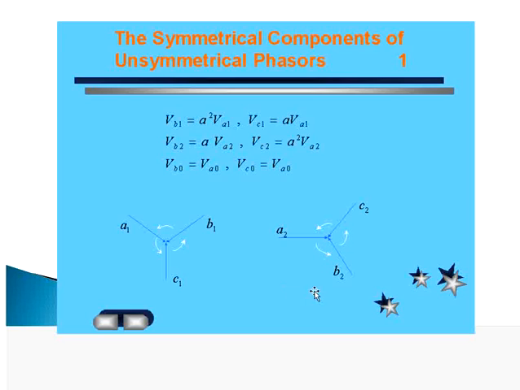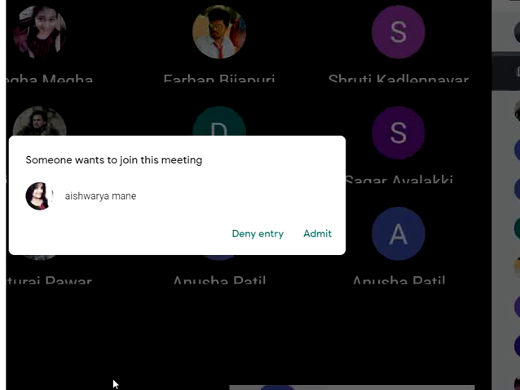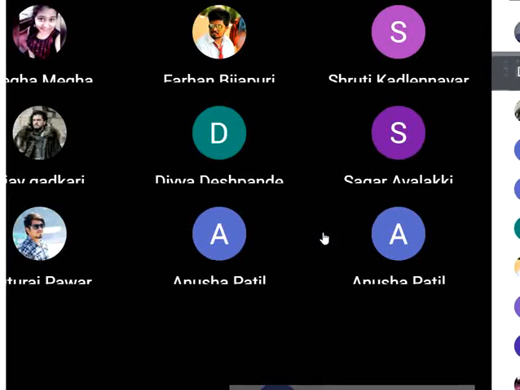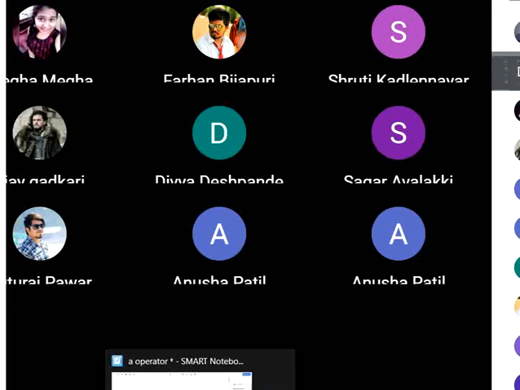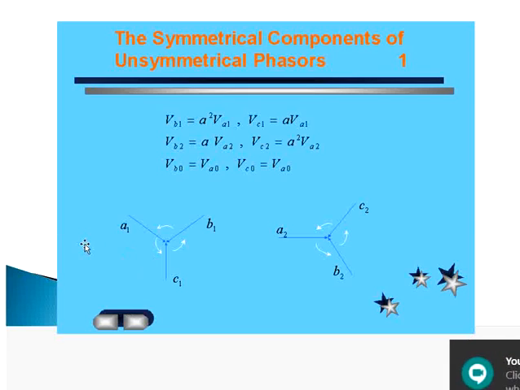Now see that, check the relation A1 and C1. Consider only A1 and C1. I will write VC1 in the form of A1. Now if A1 is rotating to the C1, I can represent my C1 as VC1 equals to A into VA1, right? Because A1 is reference, it is rotating to here C1. So now it is rotating at an angle 120 degree.